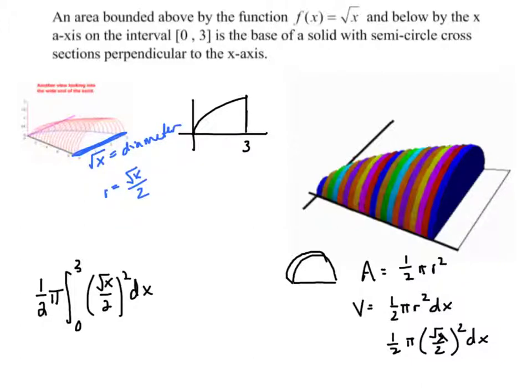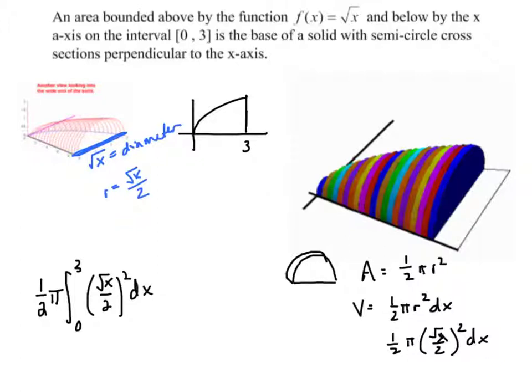Let's just remind ourselves what each one means. The 1/2 pi out front, this 1/2 comes from the fact that it's just a semicircle. We're not finding the area of the whole circle, we're finding the area of only half of a circle. The dividing by 2 inside here comes from the fact that the function does not represent the radius, it represents the diameter. So we had to divide by 2 again.